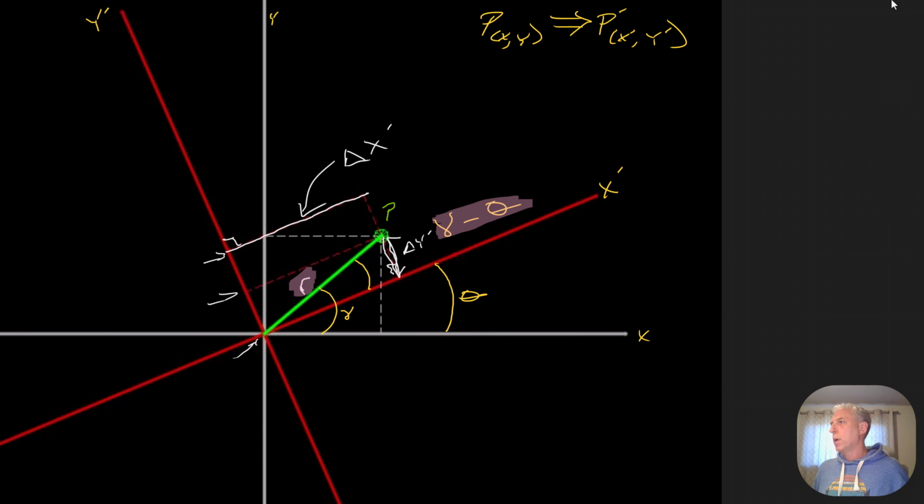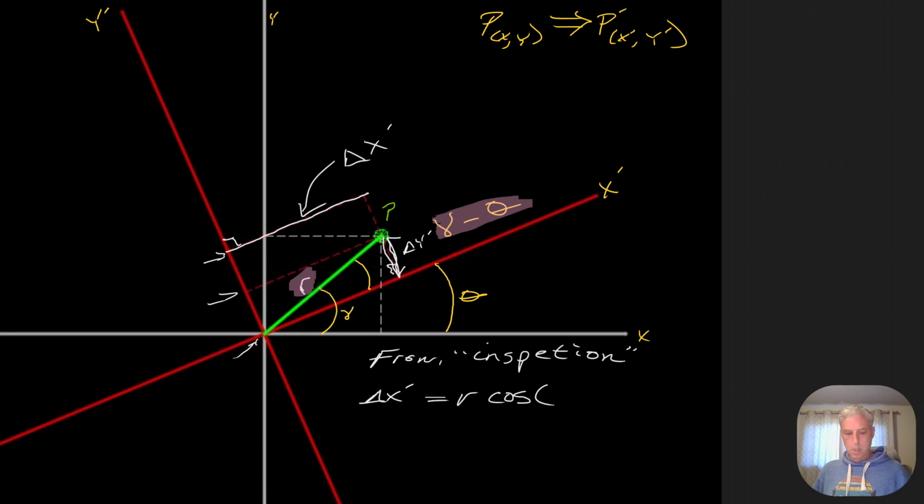So from inspection, if we just apply some trig definitions, then we have our delta x prime is equal to r cos(gamma minus theta). And we know all those values, right?